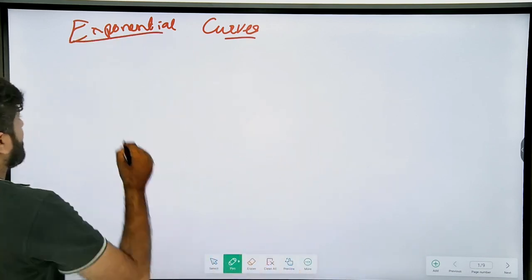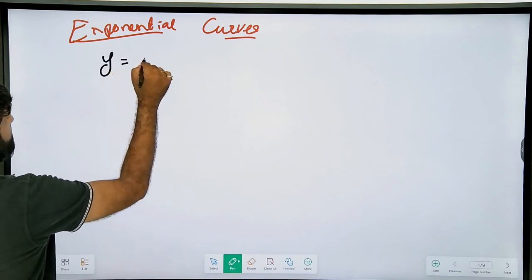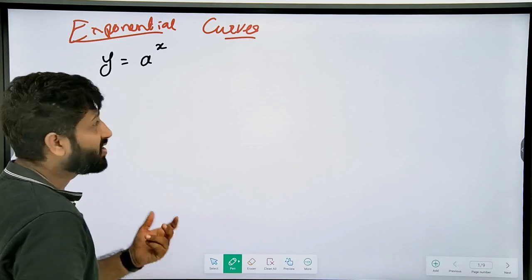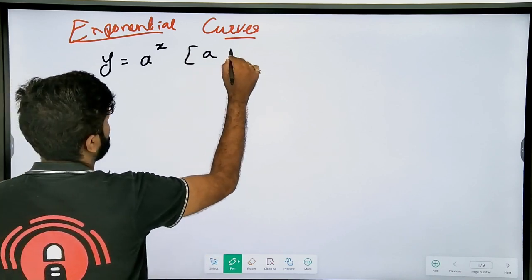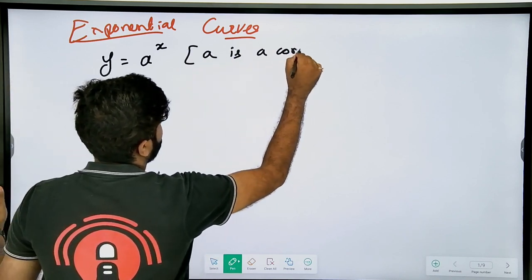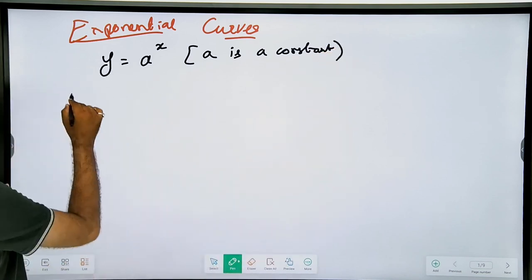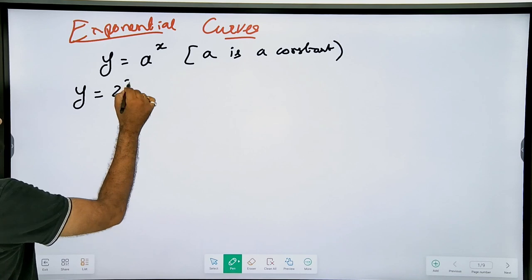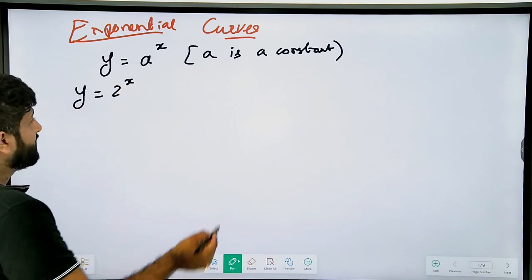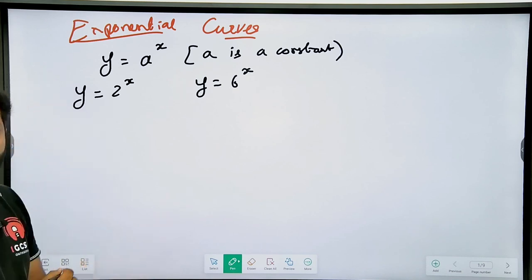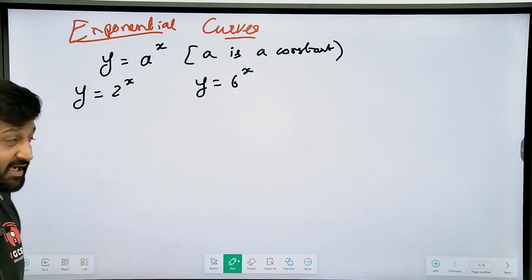Exponential curve means when I have a term which is y equals a raised to x, right, where a is a constant. Maybe if they tell me to plot y equals 2 raised to x or y equals 6 raised to x, this is a form of exponential curve, right?